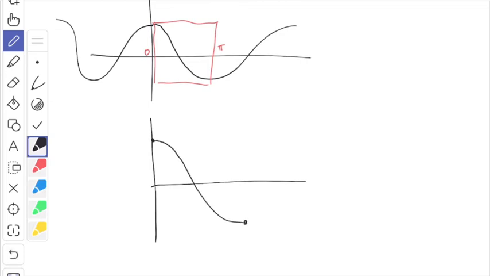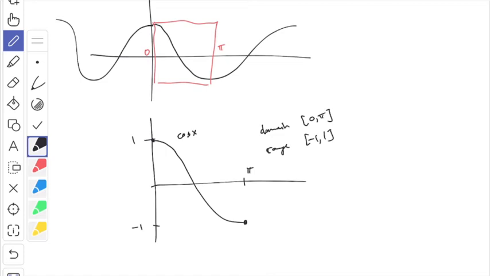And of course, the y values are minus 1 and 1. So this is cosine x. The domain that I'm considering is only 0 to pi. And the range is minus 1 to 1, right? And so this is the part which we're going to invert.